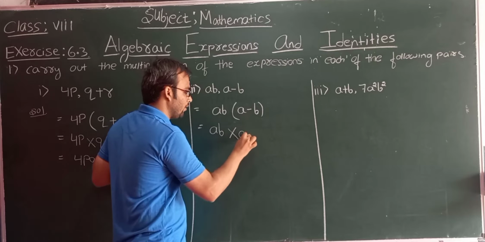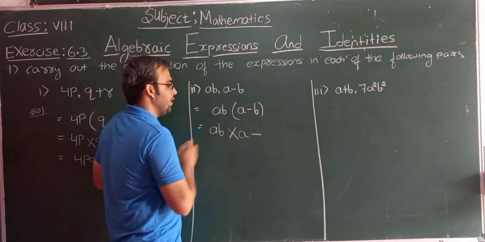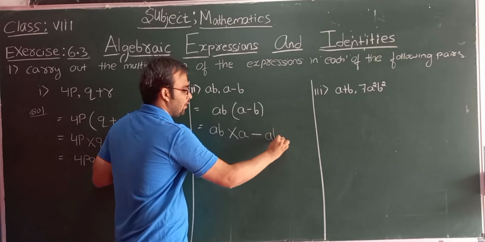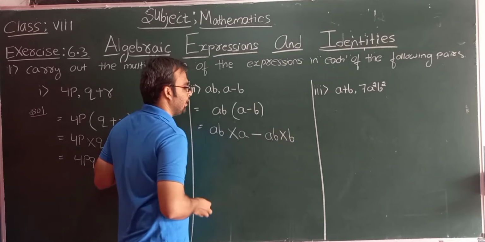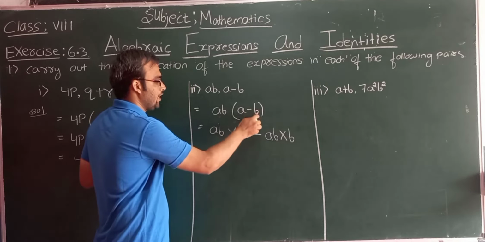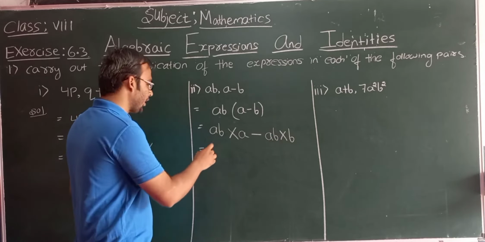Now ab into a. Here minus is there, so write minus. Next ab into b. So here ab into a minus ab into b. Now students, look here.